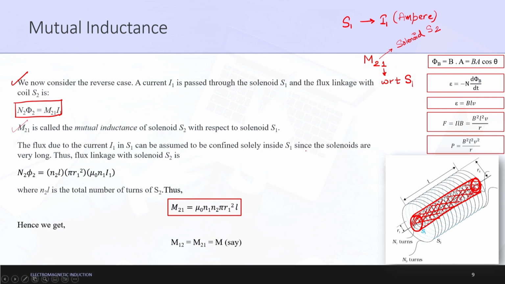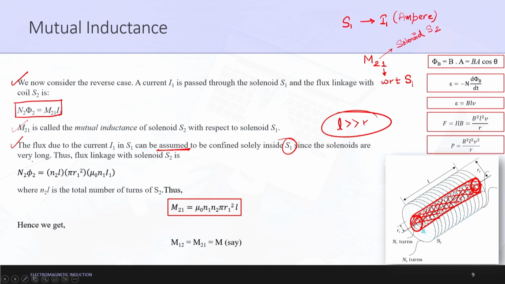Since the solenoids are very long, the assumption that L is very much greater than R holds here. Please make sure that this is also an assumption.